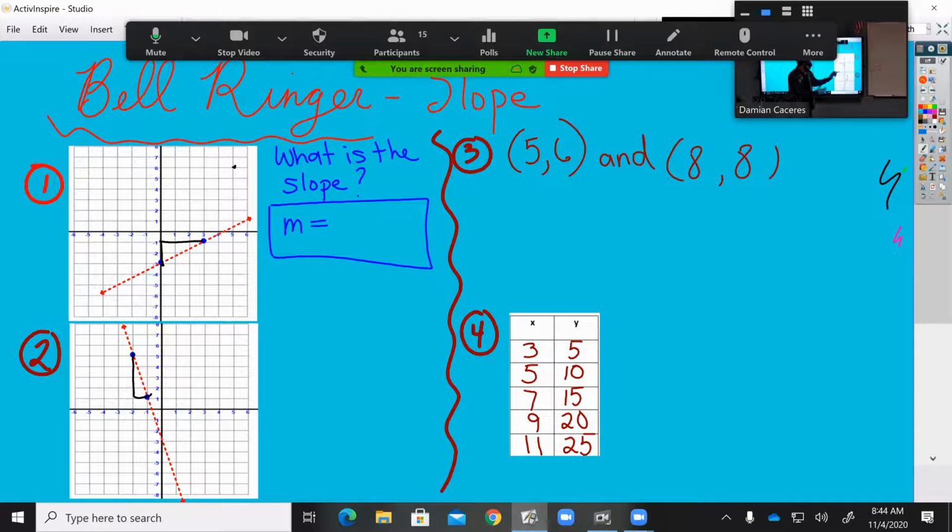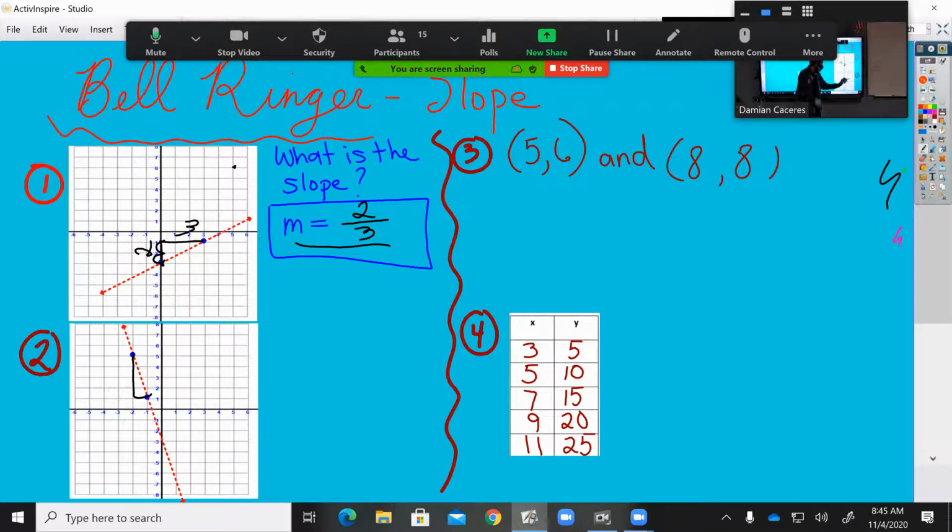Now, this is all you have to do to tell me the slope. Count boxes. So, how many boxes did I go up? 2 boxes. How many boxes did I go right? 3 boxes. My slope is the rise over the run. That's it. So, on number 2, we have to go down how many boxes?